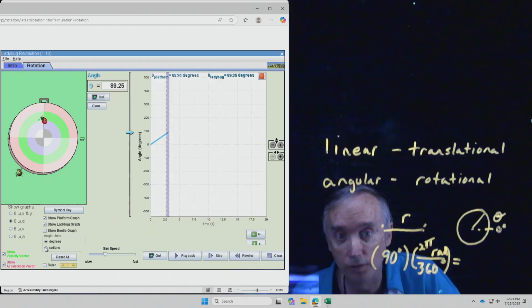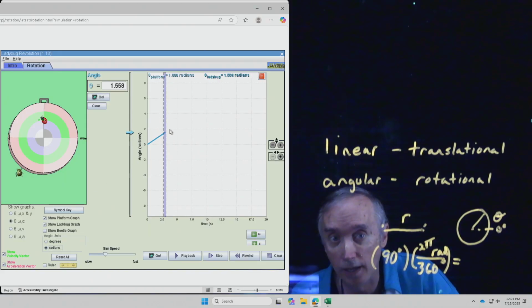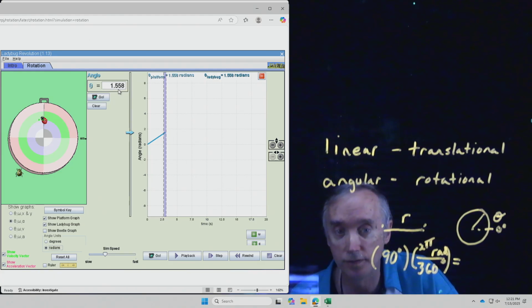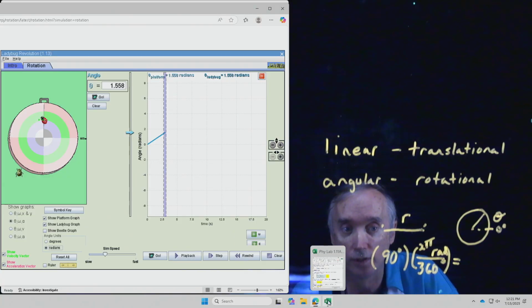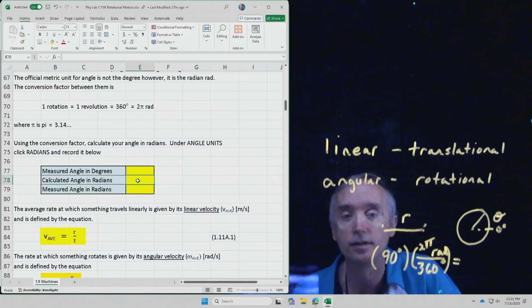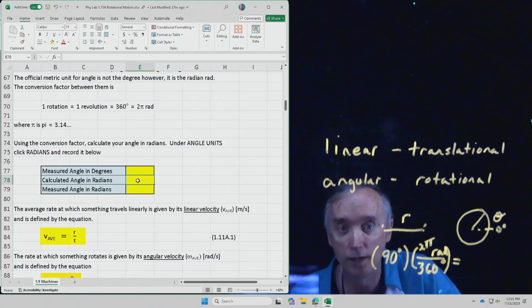So click on the word radian, and you see that it changed this number up here. And so that is what the angle is going to be in radians. So on your chart here, you will have measured the angle in degrees, you will have calculated the angle in radians, and then when you click that button, write down what is the answer in radians, and then hopefully these two numbers are going to be the same.